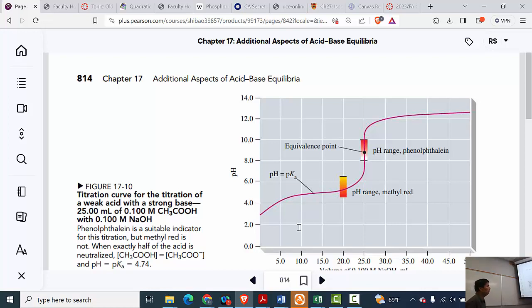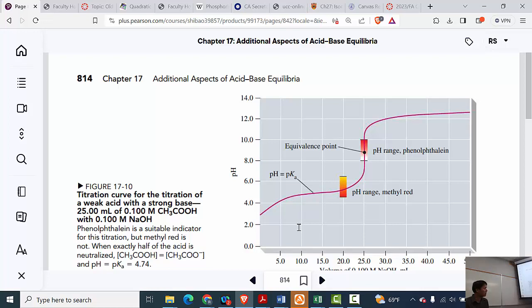And so that brings up a couple of key points. One point is something called the optimum pH of a buffer. The optimum pH of the buffer is right in the center here. And so the optimum pH of a buffer is just equal to pKa.